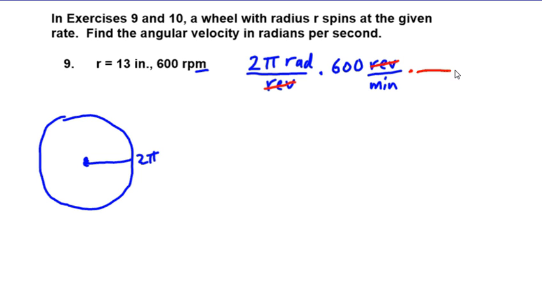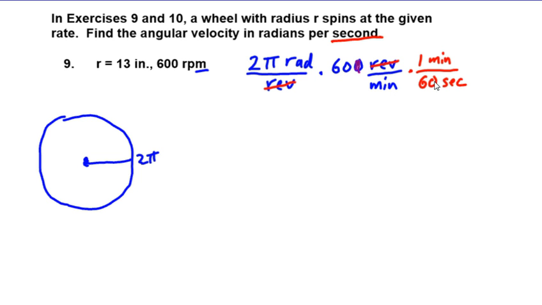So how do we change our minutes to seconds, since we want the angular velocity in seconds? Well, 1 minute, which we put in the numerator to cancel, is equal to 60 seconds. And we work this out. It's kind of the arithmetic.